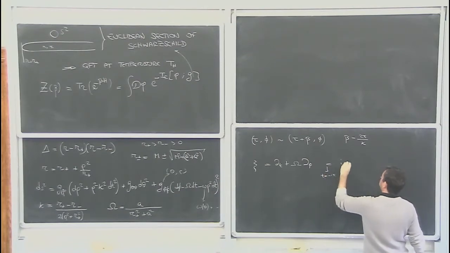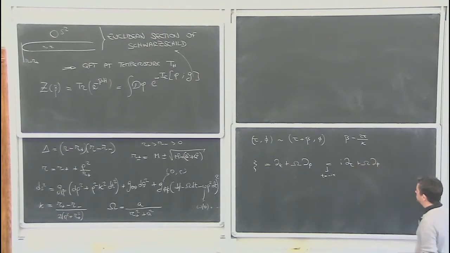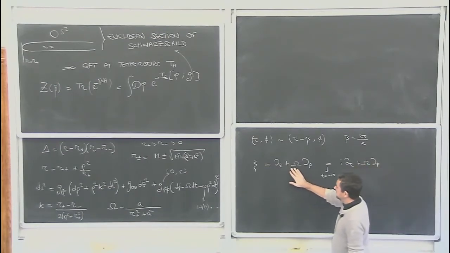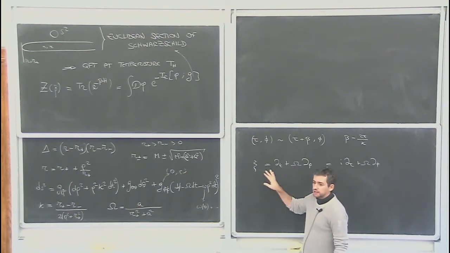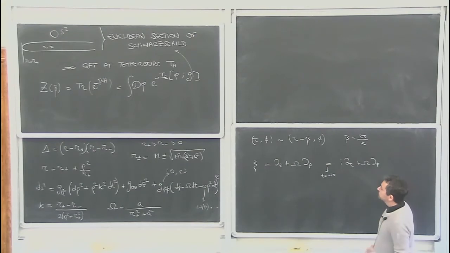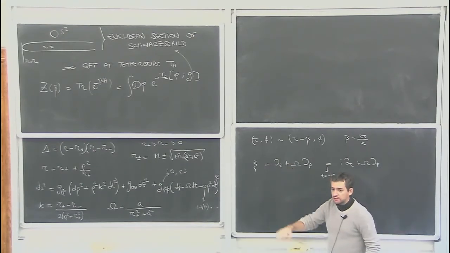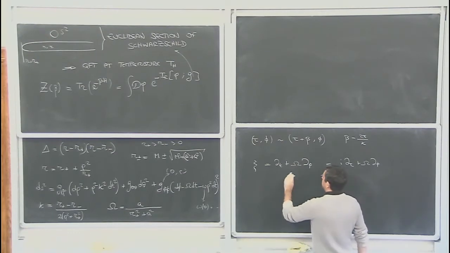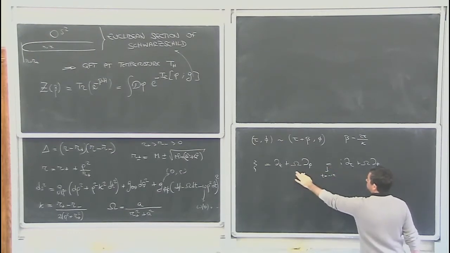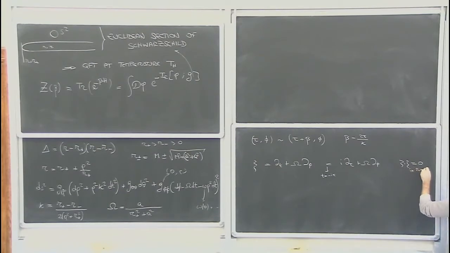Then we have i del tau plus omega del phi. But this maybe we will do later. Anyway, it is still true that the norm of this vector is 0, even after we have done this. It is 0 at the horizon at r equals r plus. Either way you compute it, you can use these coordinates or these analytically continued coordinates, xi dot xi is 0 at r equals r plus.